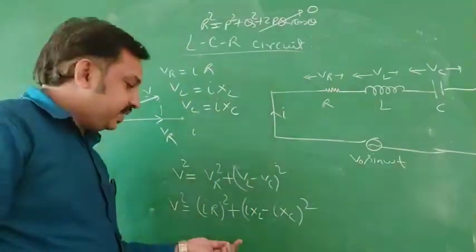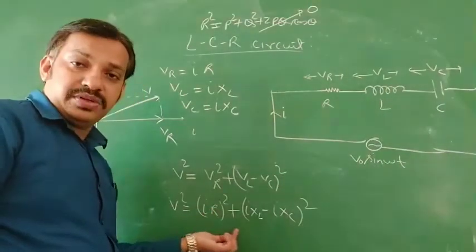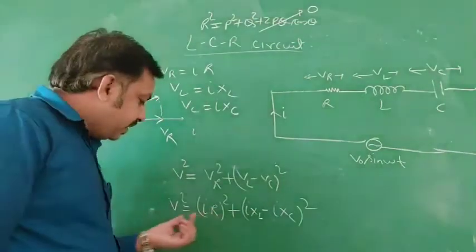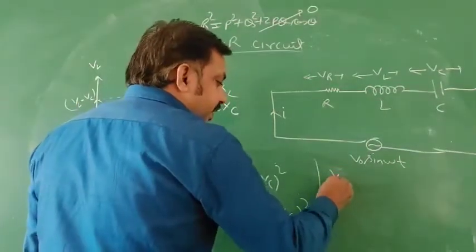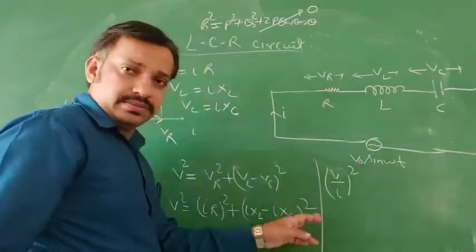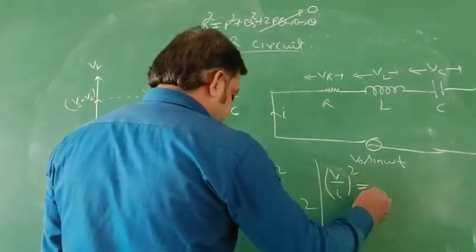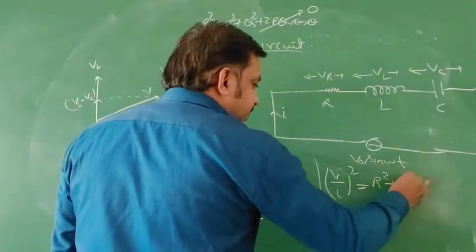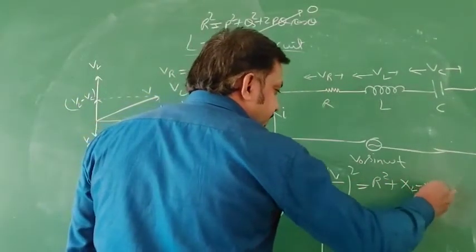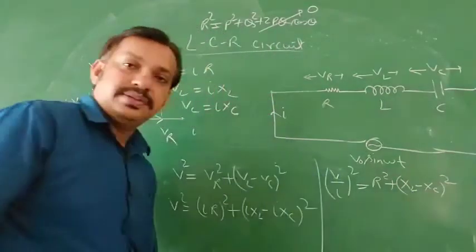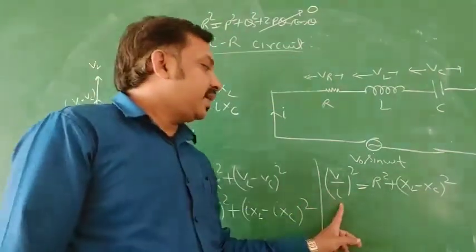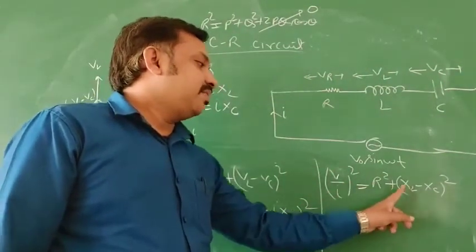In this term you can see that I square is common in both terms, so take I square common and divide. What you will get is V by I whole square equals R square plus XL minus XC whole square.